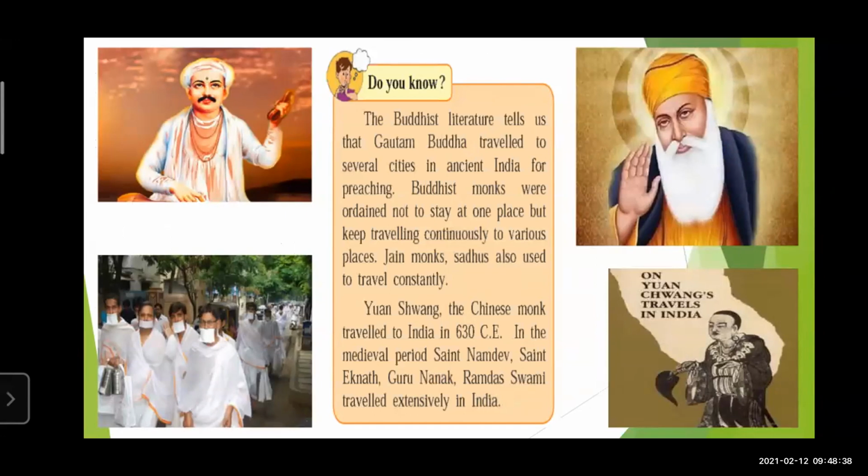Now, Buddhist literature tells us that Gautam Buddha traveled to several cities in ancient India for preaching. So in our Buddhist literature, it says that Gautam Buddha would travel to several cities, not one city, for preaching, to give a talk on religious subjects.